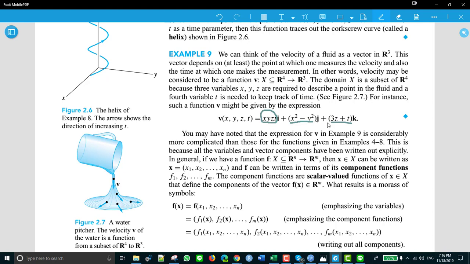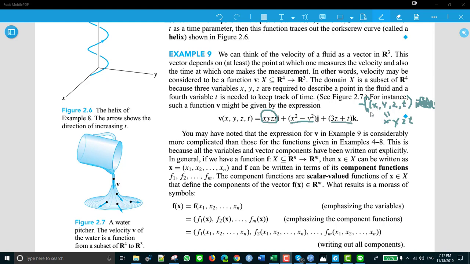We could give these a name, like I could call the first one f1, a function of x, y, z, t, and it's just the product of those. So f1 is this component, and f2 would be this component, and so on.